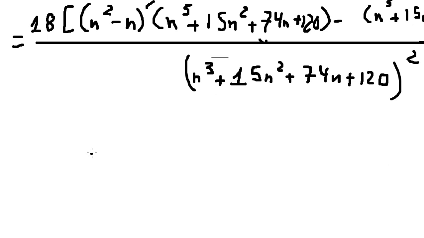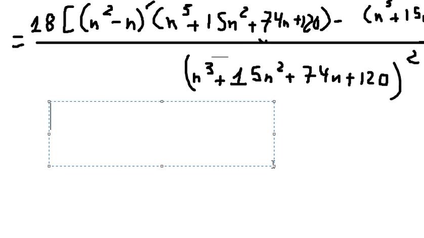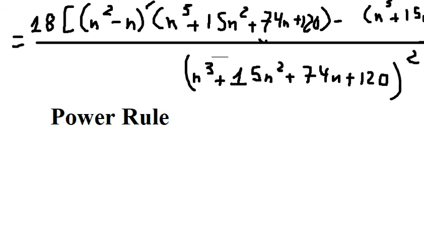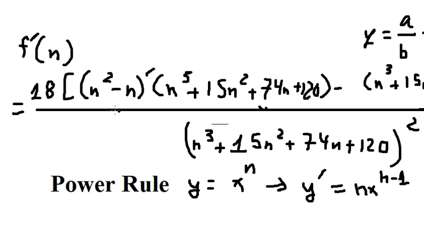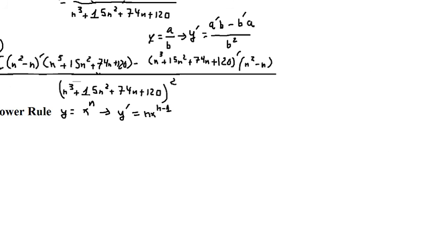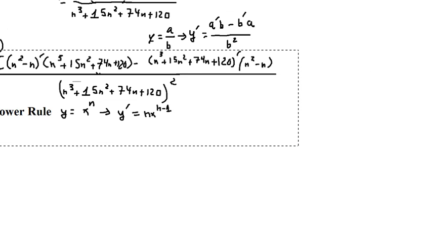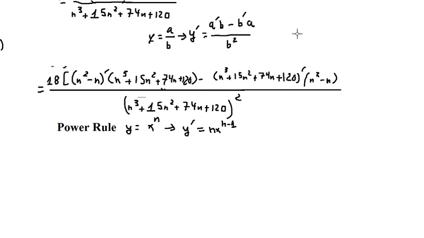So we can apply the power rule in here. So when we have y equals x to the power of n, if we do first derivative, we have n x to the power of n minus 1. So if I do this first derivative of this one in here, and we can simplify like this.